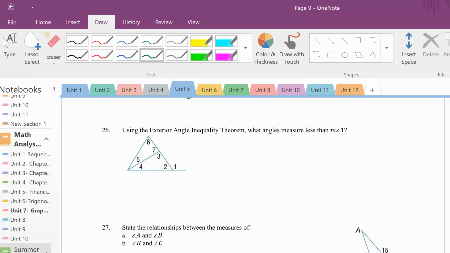Using the exterior angle inequality theorem, what angles measure less than angle 1? Well, the ones that measure less than angle 1 would be angle 3 and angle 4 for sure. Those are the remote interior angles here. In the bigger triangle, it would be angle 5 because that's part of this one, and then also angle 6.